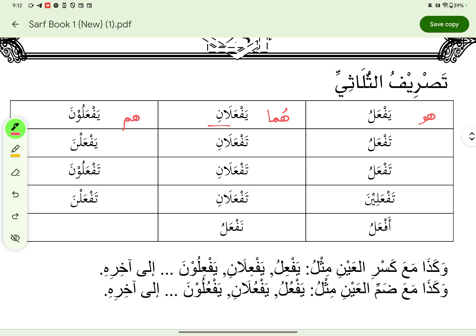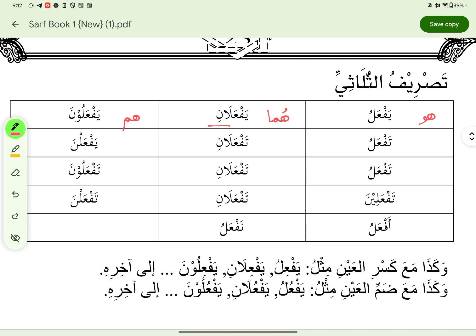I'll stress the ones we have to memorize and learn soon enough, inshallah. The third one we have is hum, which means they or them.